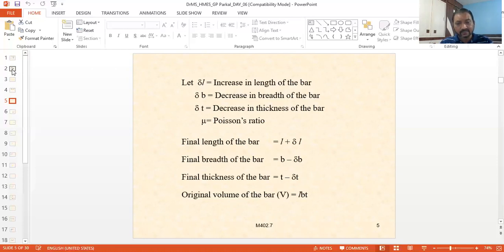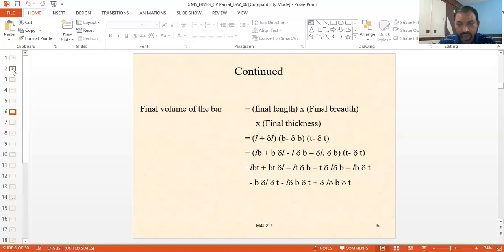And here the original volume, that is the initial volume of the bar, because it is having dimensions L, B and T. We know the simple equation, the volume is equal to length into width into thickness. So the original volume of the bar is V equal to L B T. Now the final volume of the bar.